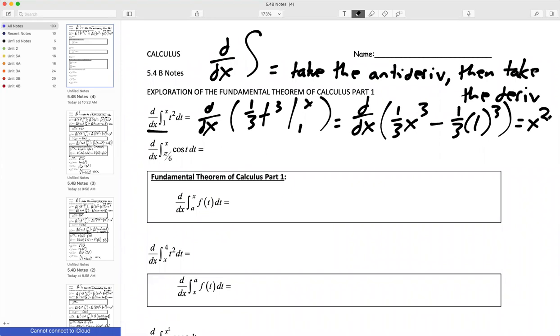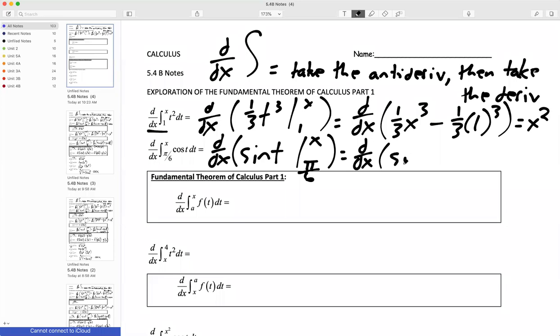Okay. Same thing right here. I'm going to take the antiderivative of cosine of t, which is sine of t. And then that is evaluated from pi over 6 to x. So I'm going to take the derivative again in just a second, but first I'm going to plug in my bounds.